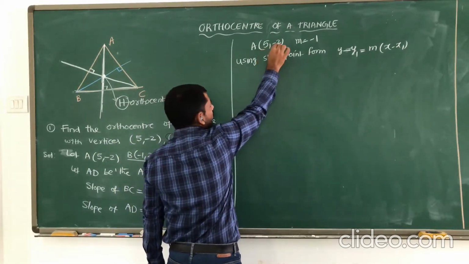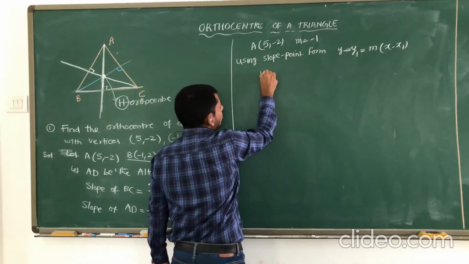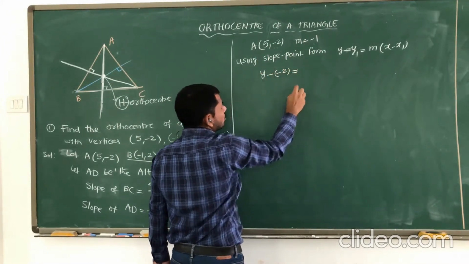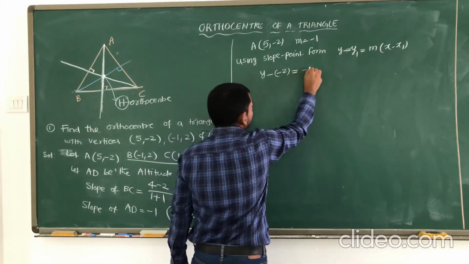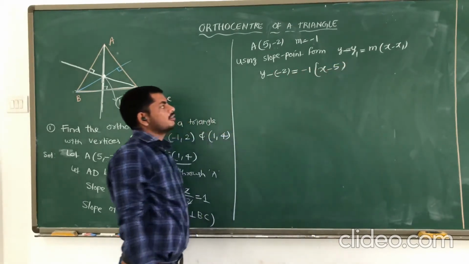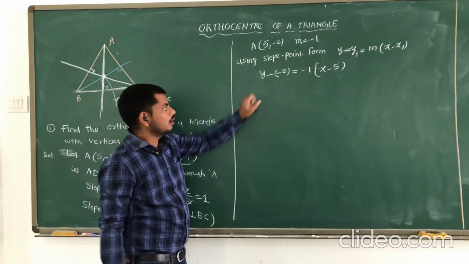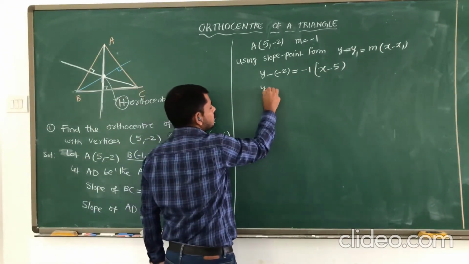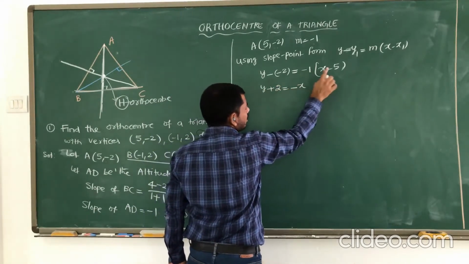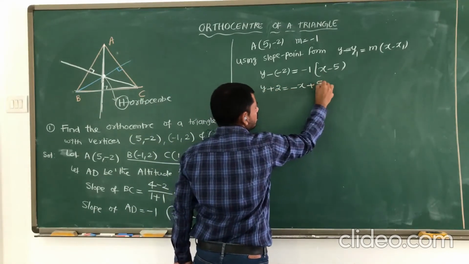Here y minus (-2) is equal to -1 into (x minus 5). So y plus 2 is equal to -1 into (x minus 5).